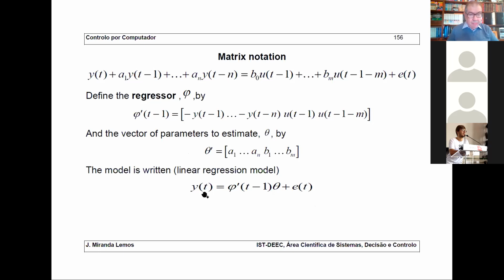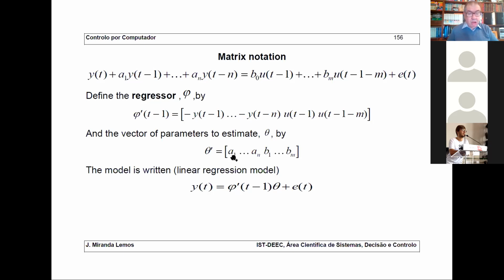So y of t is phi transpose, which is this row vector, minus y of t minus 1, minus y of t minus 2, minus y of t minus 3 and so on, and u. And I multiply phi transpose with theta.